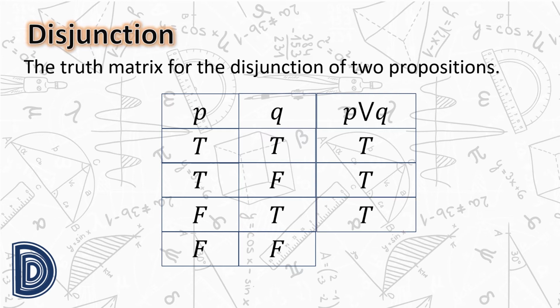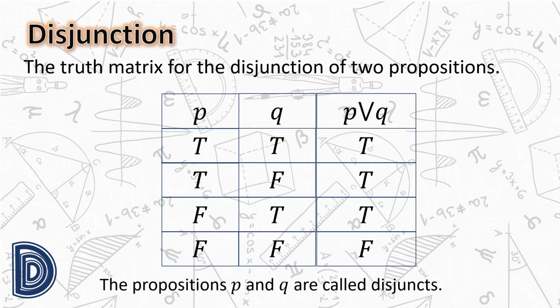True also when P is false and Q is true. So that means at least one of the two propositions is true, then the disjunction of the two propositions will be true. Otherwise, if both the propositions P and Q are false, then the disjunction P or Q is false. The propositions P and Q are called disjuncts.